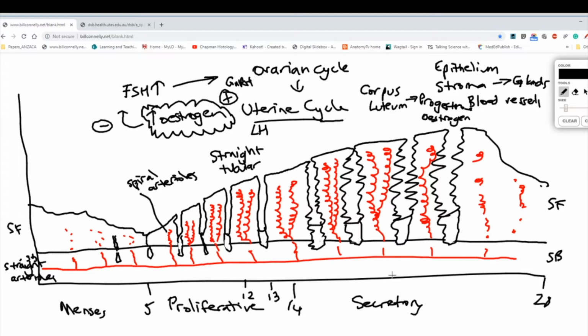What the progesterone does is it drives the secretory phase of the menstrual cycle. So it causes the continual growth of the endometrium, the stratum functionalis. It causes increased complexity in the structure of the glands. They take on what we describe as a sawtooth type of appearance. Oops, that'd be helpful if I could spell.